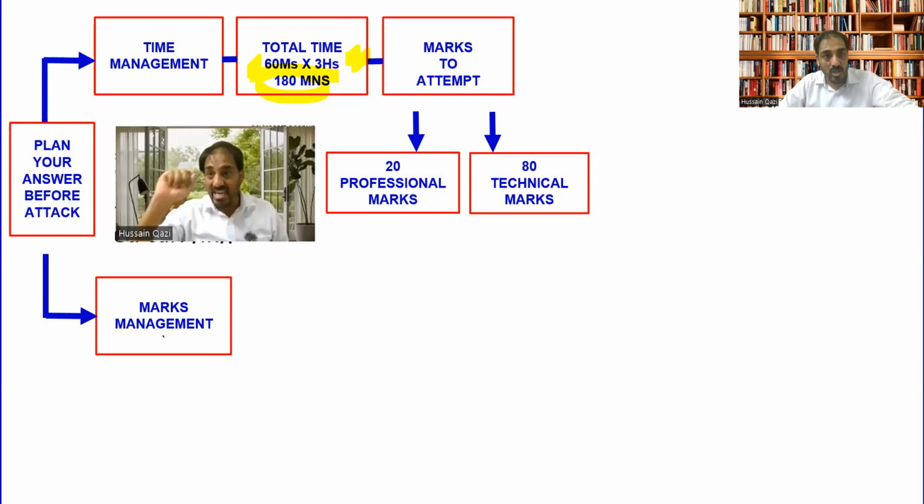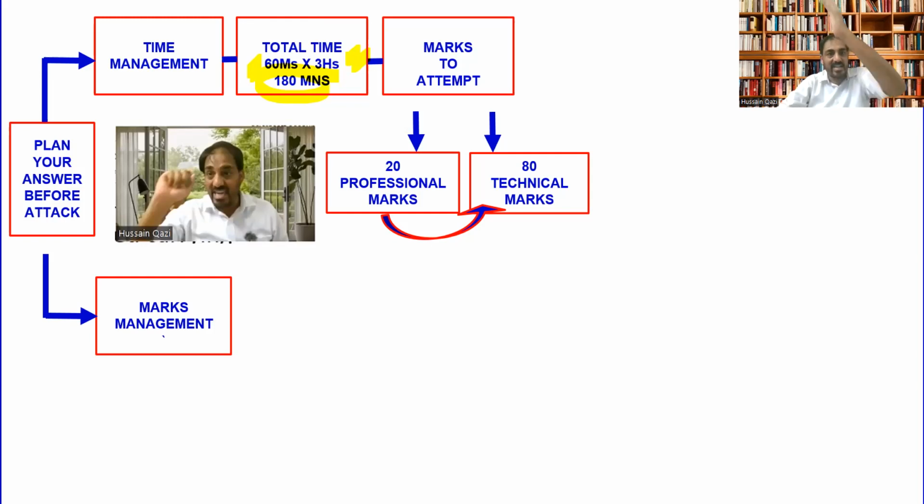So actually you need to attempt an 80 marks question, because professional marks is actually the quality of the technical marks. So practically you will attempt an 80 marks question, including 20 professional marks. That's important. The 20 is not a separate thing.